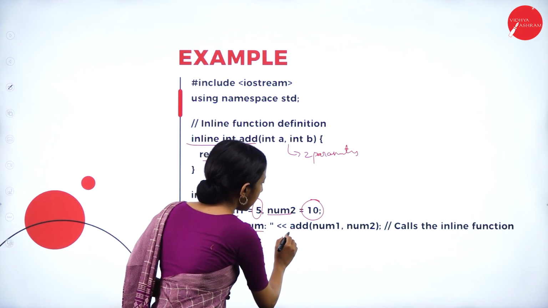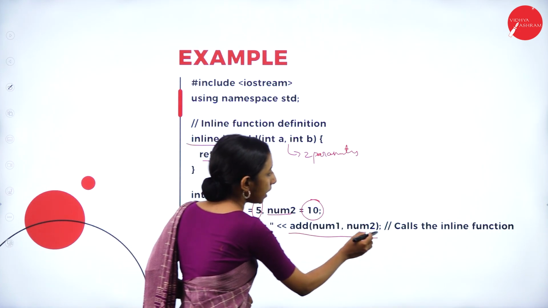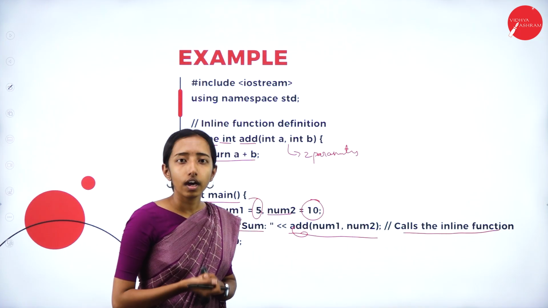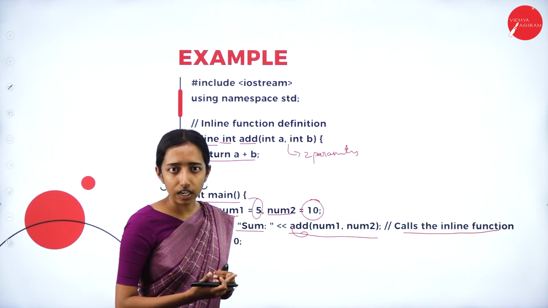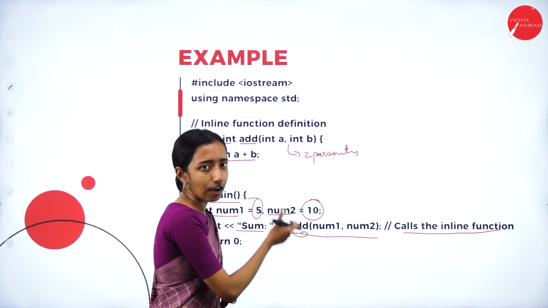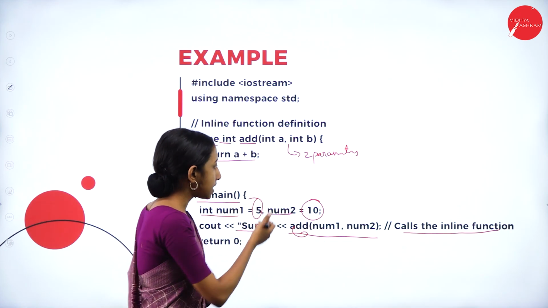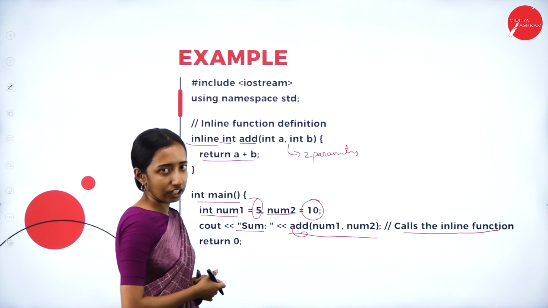Cout sum, here you can see add num1, num2. So now here it calls the inline function. So what is the change? If it is a normal function, how does it work? It will call the add function and assign the values 5 and 10 to a and b, and then it will perform the addition.